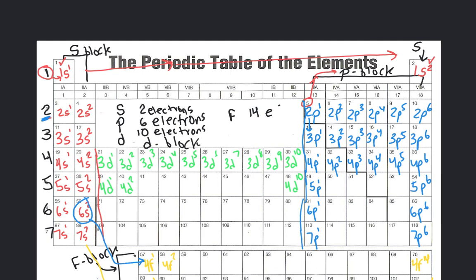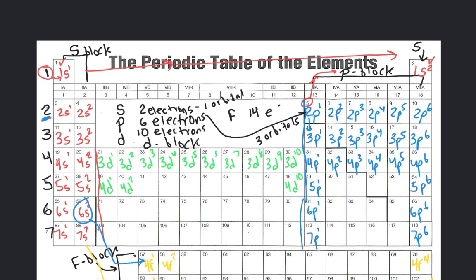So the S sublevel holds 2 electrons. It's got 1 S orbital. The P sublevel, you have 3 orbitals here. 3 orbitals times 2 electrons in each orbital is 6 electrons.